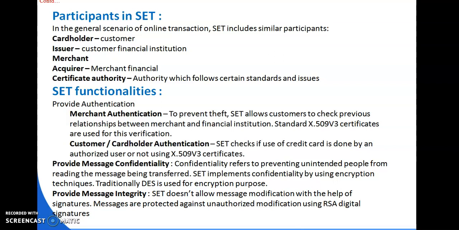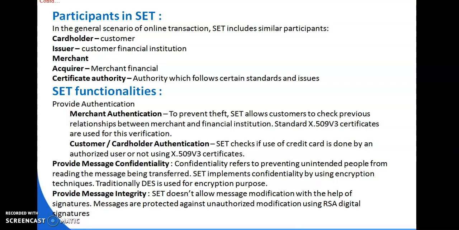Next is message integrity. SET does not allow message modification with the help of signatures. Messages are protected against unauthorized modification using RSA digital signatures. So this is message integrity and message confidentiality.